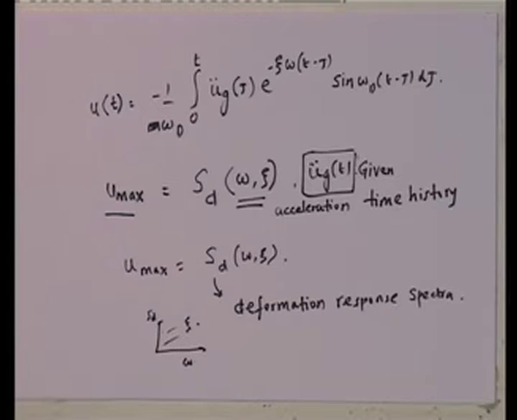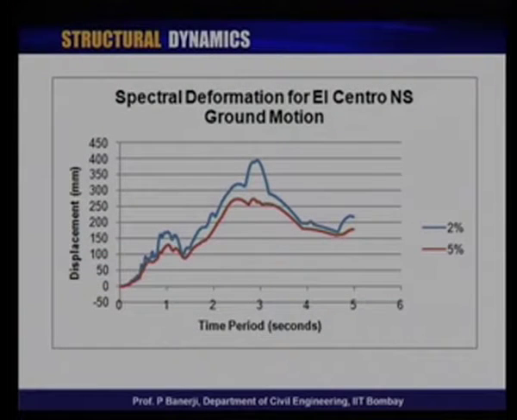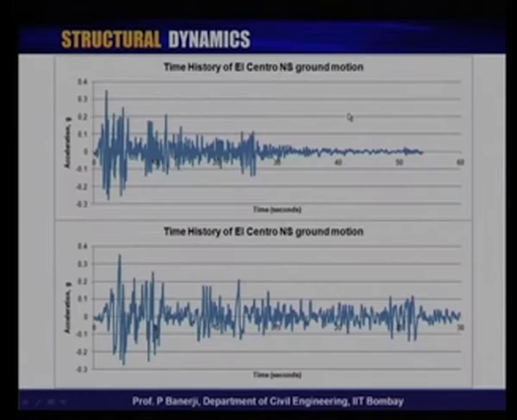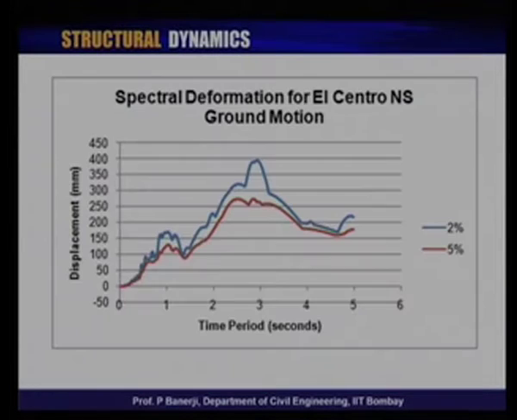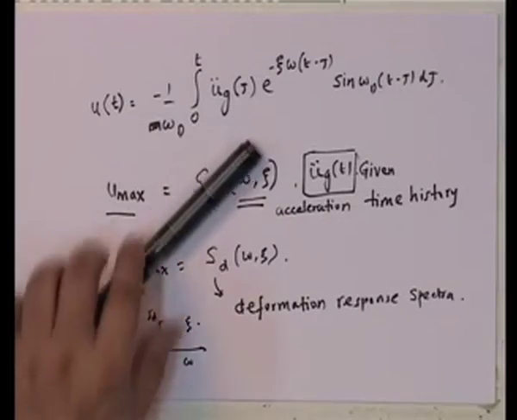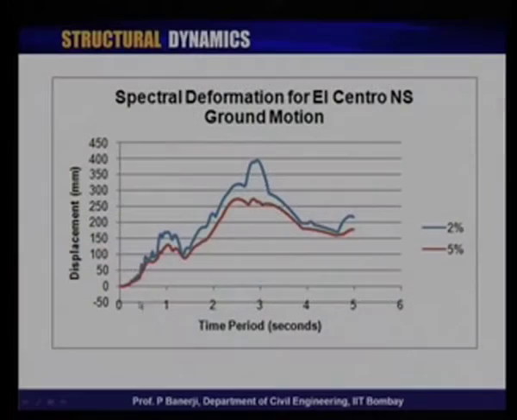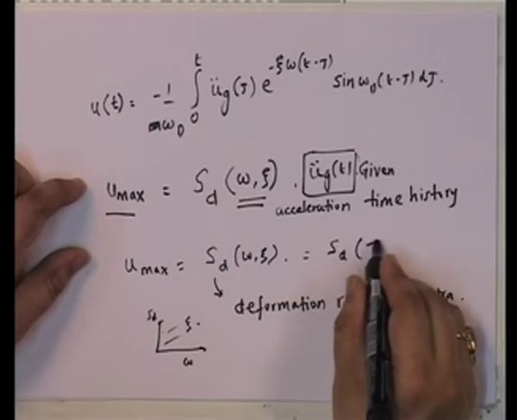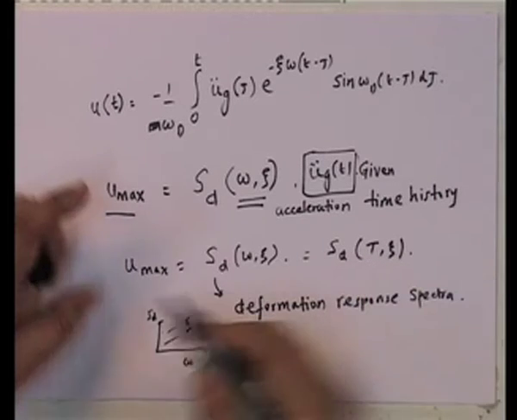For the El Centro ground motion I showed here, we solved this and got the peak values. It is a function of omega, in other words also a function of time period.